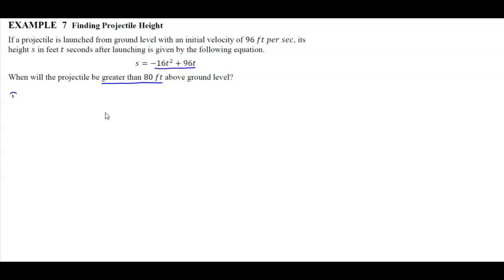So for step number 1, we know that S, when is the height going to be greater than 80 feet? Now, what do we know that S is equal to? Well, S is equal to negative 16t squared plus 96t, and we want to see where that's greater than 80.